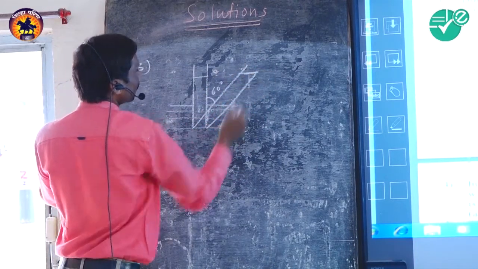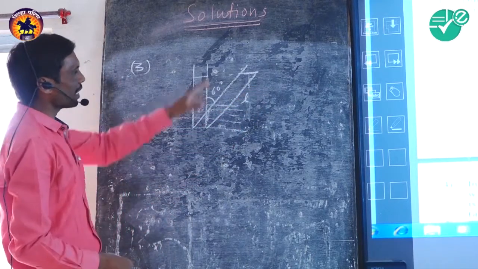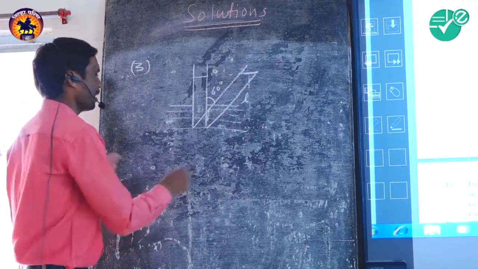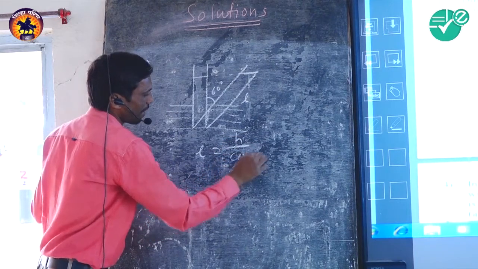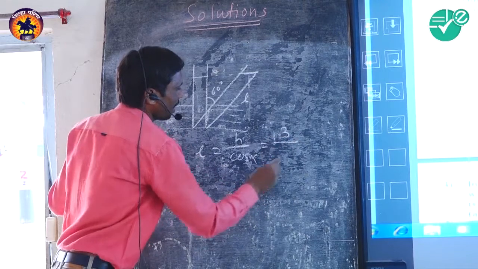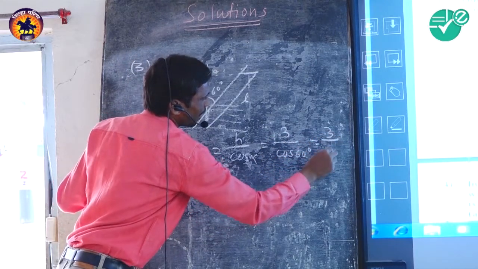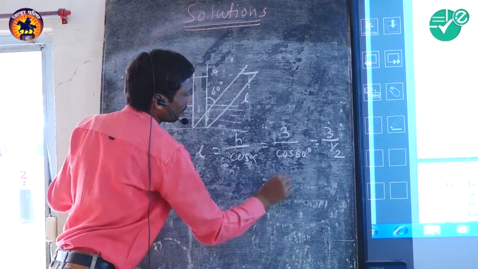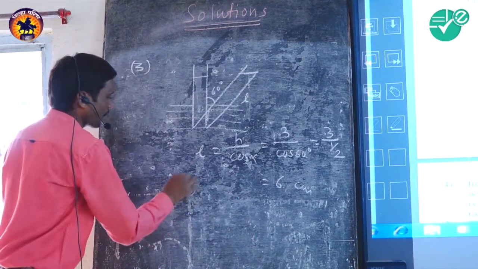In this case we know the rise of the liquid remains same, simply the length of the liquid inside that capillary tube increases, and that length is given by this expression h divided by cos alpha, and that is equal to h, given here 3, and cos 60 degree, that is equal to 3 divided by 1 by 2. It means it is equal to 6 centimeter. It means option B is correct.